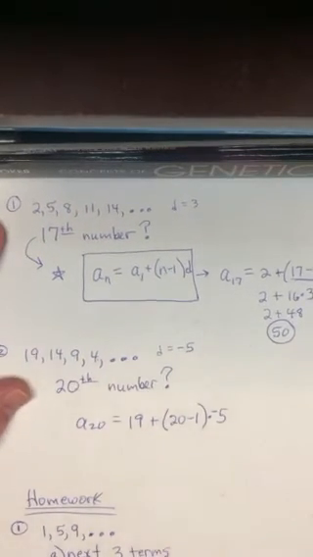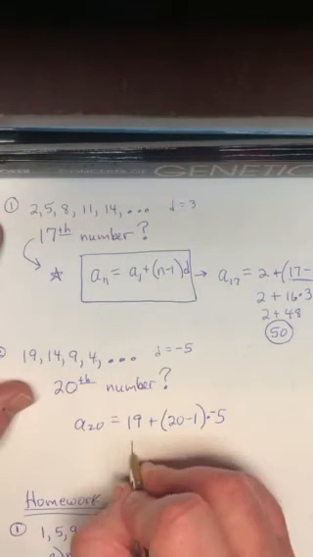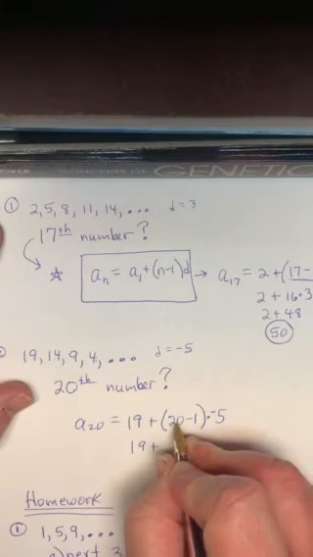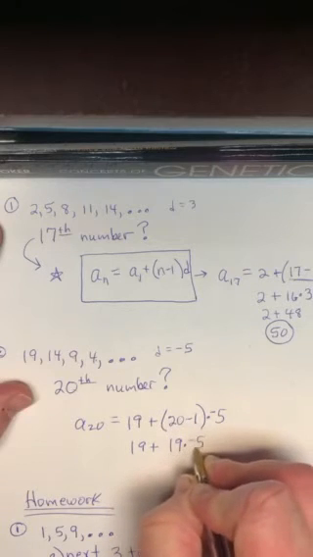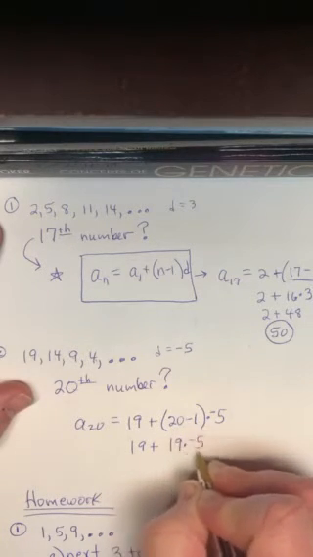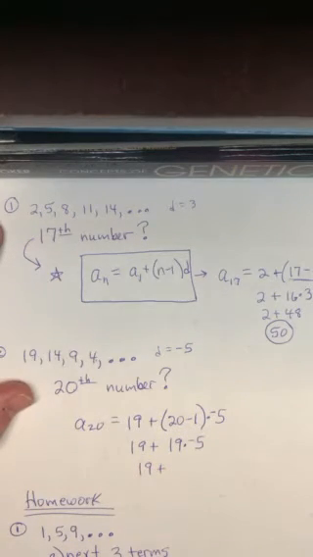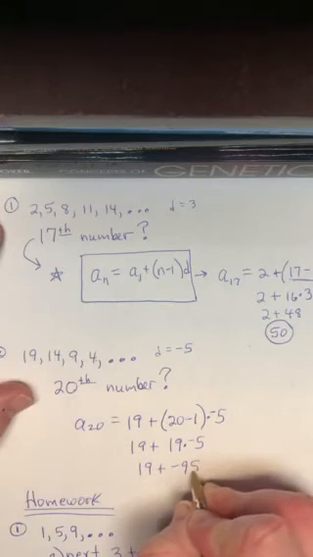So doing the simple math, notice no algebra involved. It's just simple math. 19 plus, do what's in parentheses first. What's 20 minus 1? 19 times that -5. Always multiply first, so I got 19 plus. Use your calculator if you need to. I'm going to push 19 times -5 and get -95.